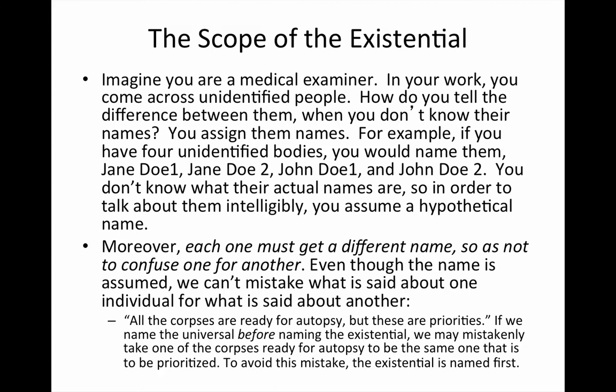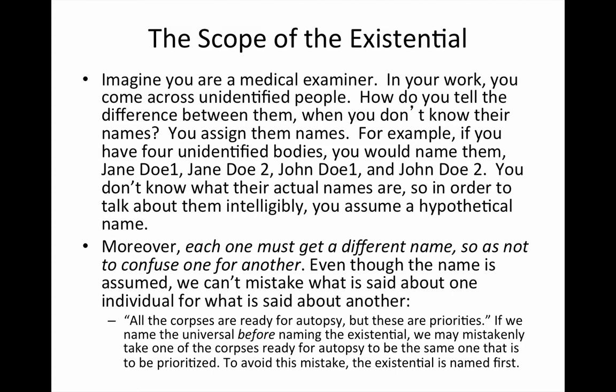Consider the following claim. All the corpses are ready for autopsy, but these are priorities, right? So we've got a universal claim, which means that it doesn't matter which corpse you name, you have a corpse that is ready for autopsy. But notice that among those that are ready for autopsy, there is at least one that is to be prioritized.